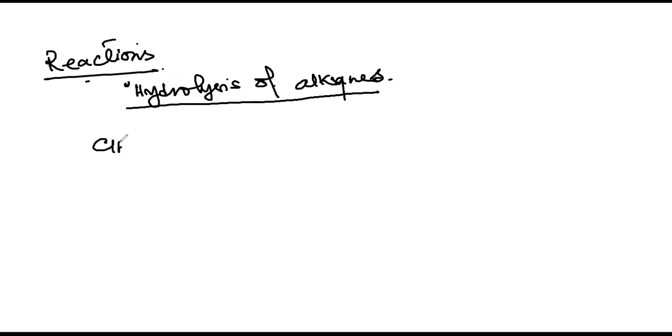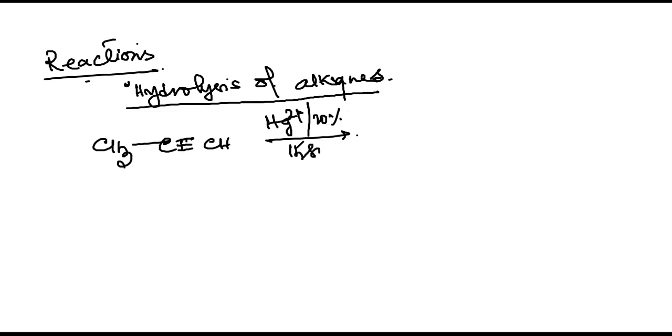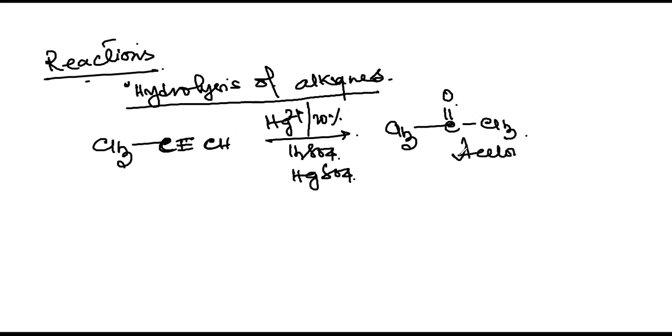We saw that we should do the hydrolysis in presence of Hg2+ and 20% H2SO4 in presence of HgSO4. We saw that the carbon which has a higher carbocation stability, we will get a double bond O. Those who do not know this can see my previous video. CH3, so this is the acetone.